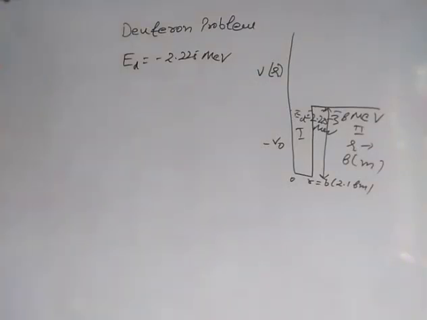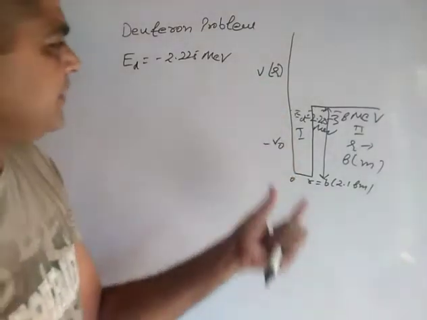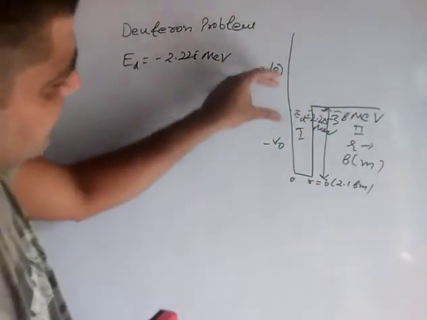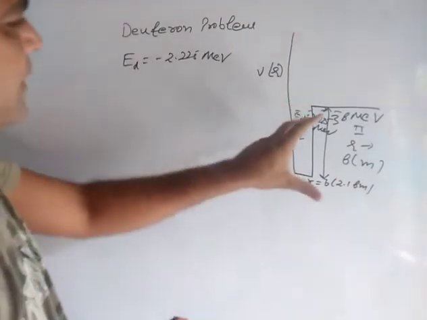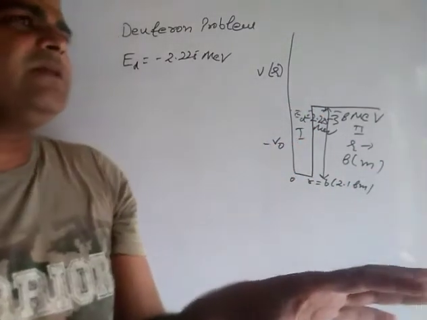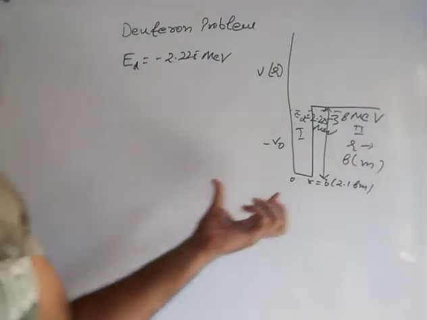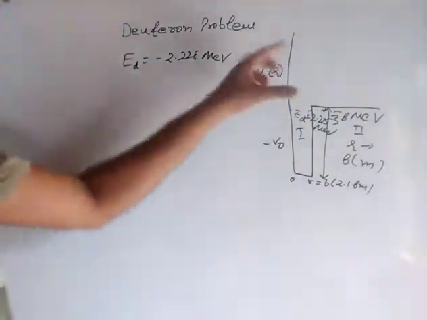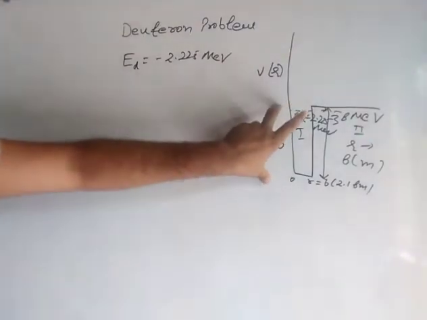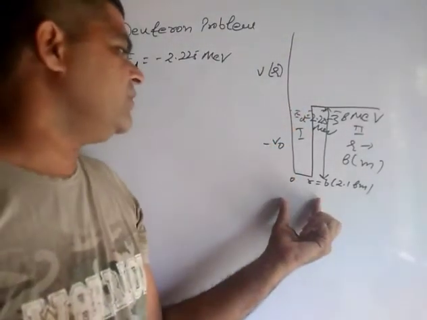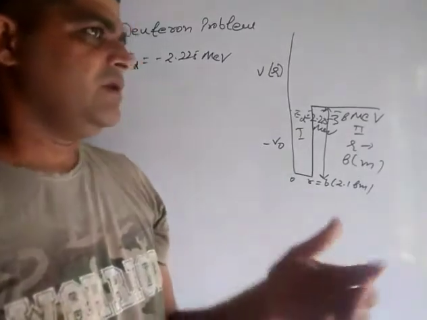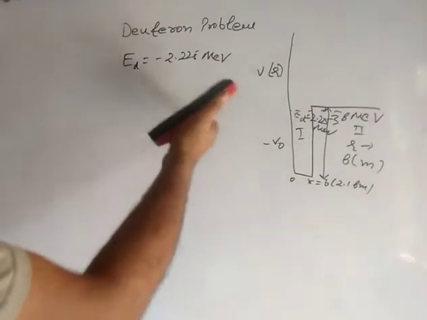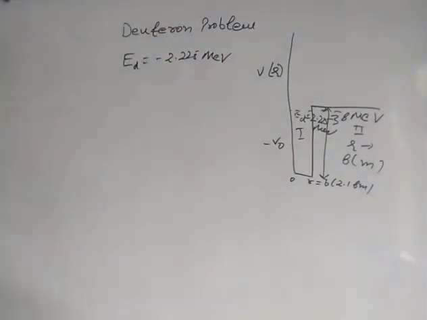Now we are familiar with how deep the nuclear potential is, because how strong the nuclear potential is will be given by the depth of this potential V naught. It means the nuclear potential is of the order of about 38 mega electron volt, that is, the depth of the potential well is 38 mega electron volt, and it has a width of 2.1 femtometer. So this type of picture of the nuclear potential of the simplest nucleus, the deuteron, is now in your mind.